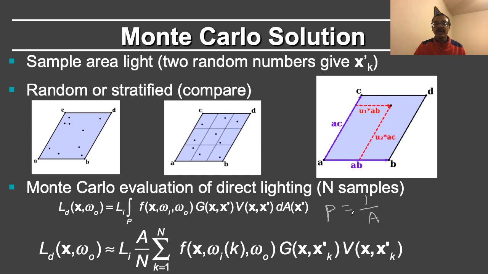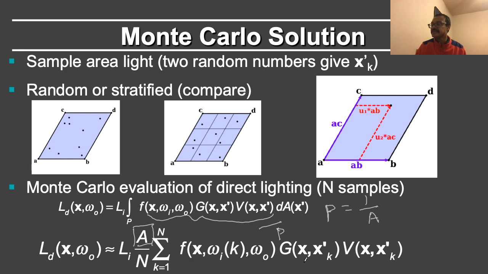Remember that in Monte Carlo, what you do is you evaluate the function f, which is everything else in this case, and you divide by p. So if you divide by p, that involves multiplying by A, which is why we have this term multiplying by A. Remember that Li does not go into the integral and it can be taken out, and we divide by the number of samples n to normalize.